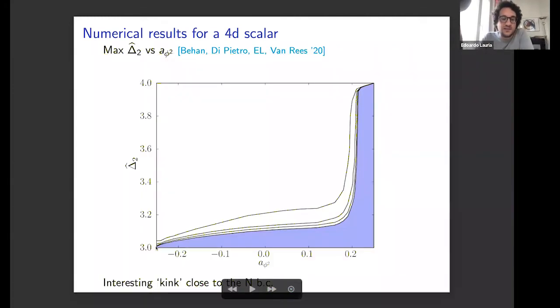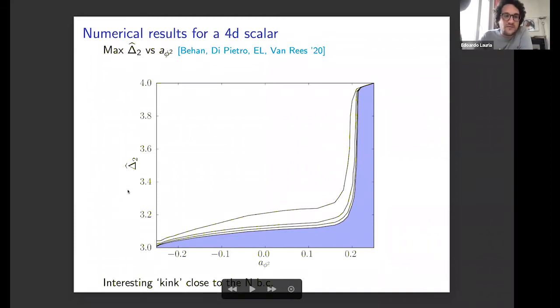This a phi squared varies in an interval between the Dirichlet boundary condition, this is the value where a phi squared describes the Dirichlet boundary condition, and this is the value where it describes the Neumann boundary condition. All that is inside is a so-called interacting conformal boundary condition. Now, let's assume that our conformal boundary condition has some operator in the boundary spectrum with spin 2 and some conformal dimension delta 2.